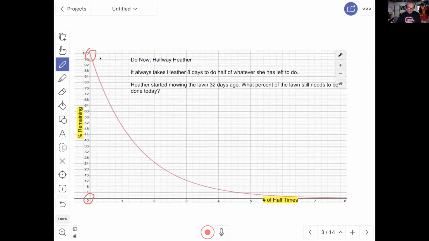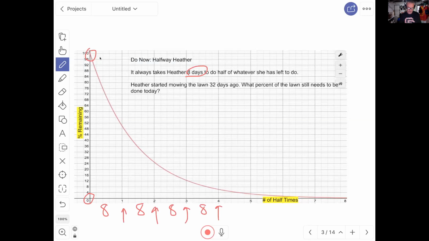Each one of these numbers down here represents what we're calling a half time, but it will become a half life when we start talking about radioactivity. But what does each one of these mean? Well, it's 8 days to do half. So each one of these half times is 8 days. So that's 8, 8, 8, and 8, all the way along.